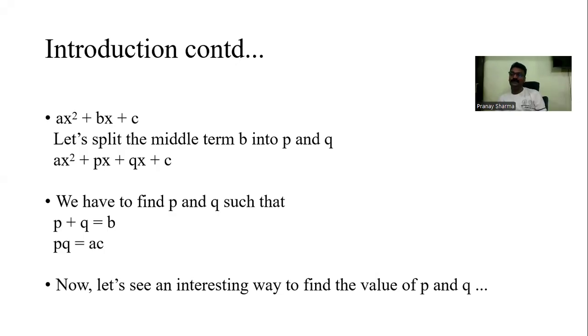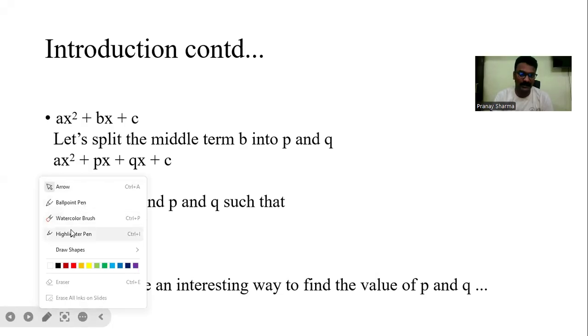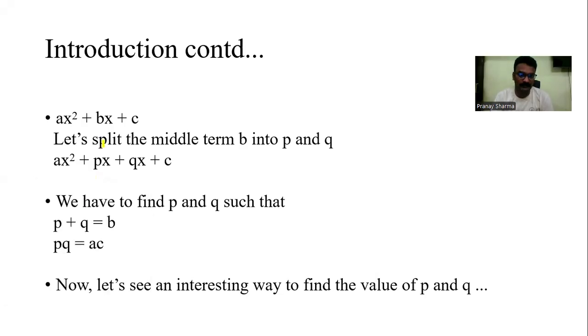Let us say you split it in such a way that p and q, when you multiply... just a second, let me highlight the same. If you retrace this, bx is split as px and qx, right?